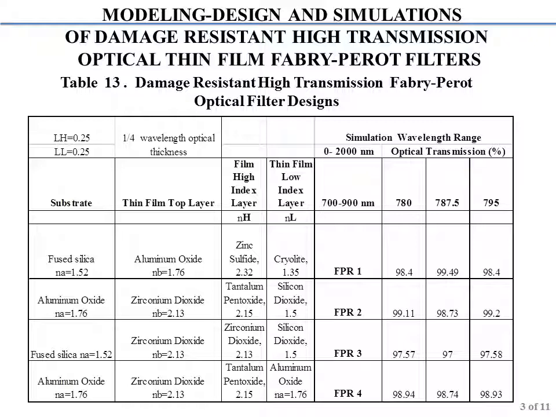So this is just to demonstrate that it is possible to design this filter to have high transmission and also to be damage resistant. So really there are a number of different options when dealing with the metal oxides in terms of the filter, and the decision is what will be the top layer. And so if we use zirconium dioxide, this shows how we can design an optical high transmission filter from this type of material.